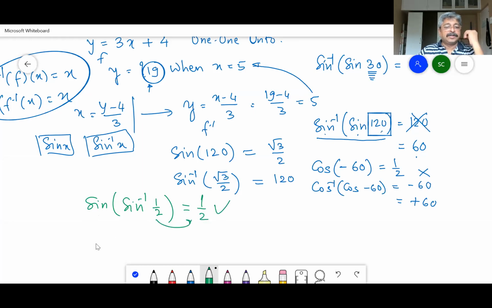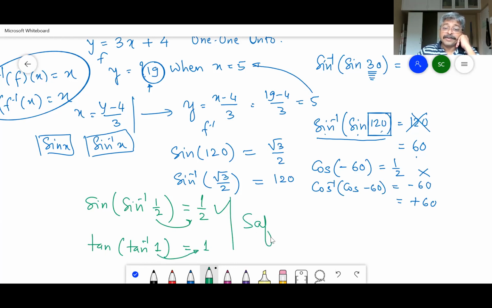No problem. Say tan of tan inverse 1. What is tan inverse 1? Pi by 4, 45 degrees. What is tan of pi by 4? 1. So we got this answer. So this is safe. Because we are dealing with trigonometric function, and in trigonometry we have not done domain trimming.